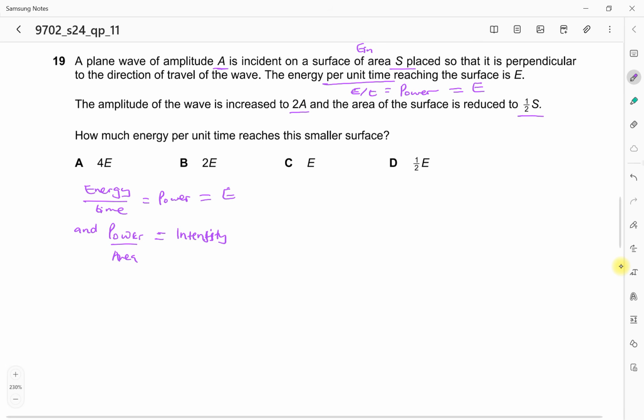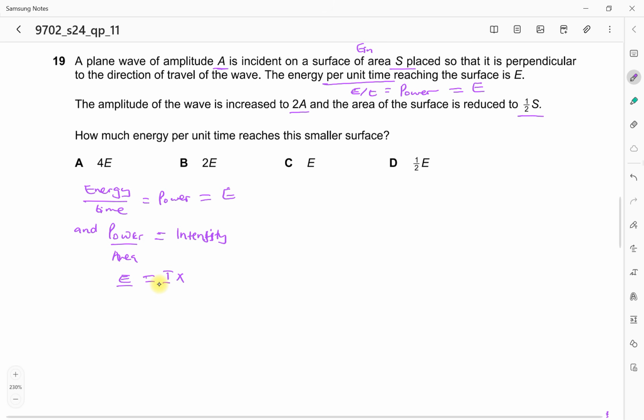So in other words, the power, which has been given as E, divided by the area, so E is going to be equal to the intensity, which I will call I, times the area.